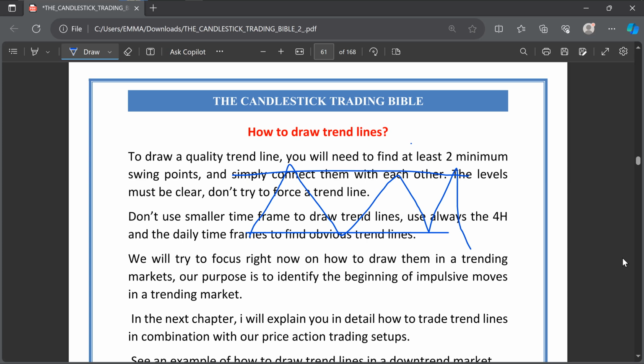Trend lines are usually drawn in an uptrend or a downtrend, and support and resistance levels are mostly drawn in a ranging market. So the support and resistance levels are horizontal lines, channels drawn on the chart, usually on a ranging or consolidating market.